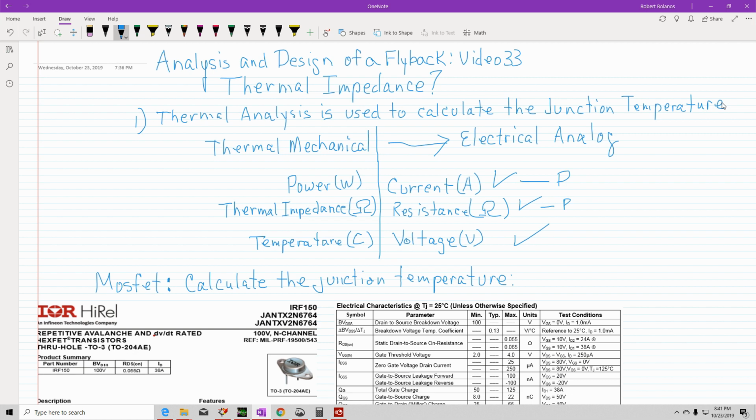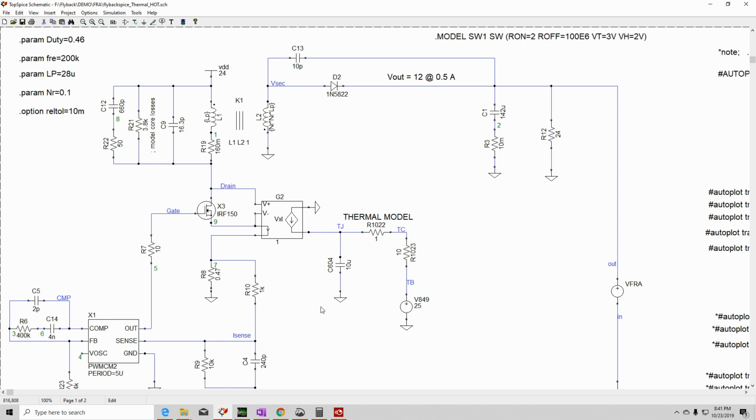And then the first connection is the junction, the temperature of the junction. Okay, and then it goes into the resistor, and that first resistor will be R theta JC. Okay, where do you get this theta JC?